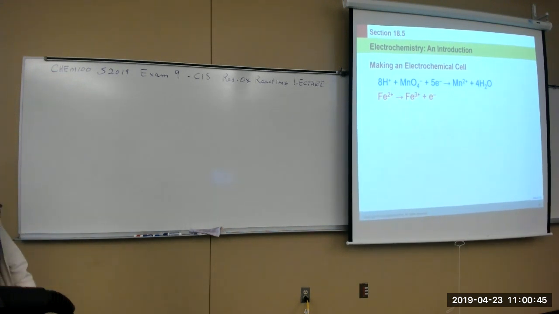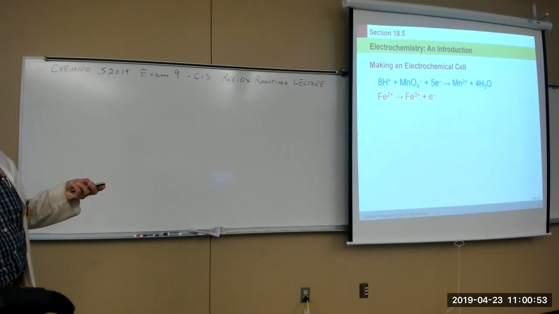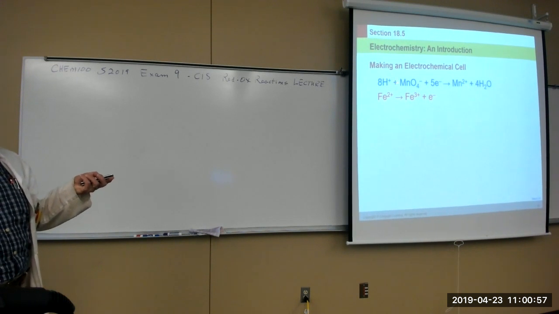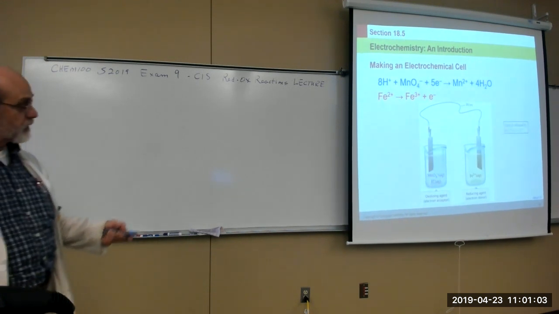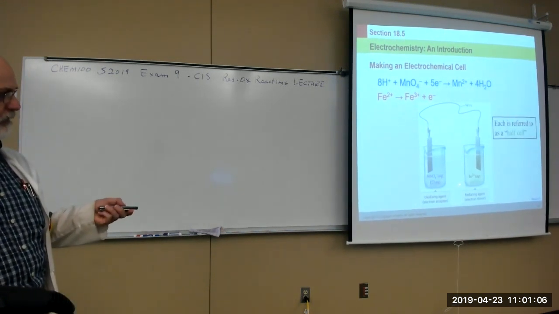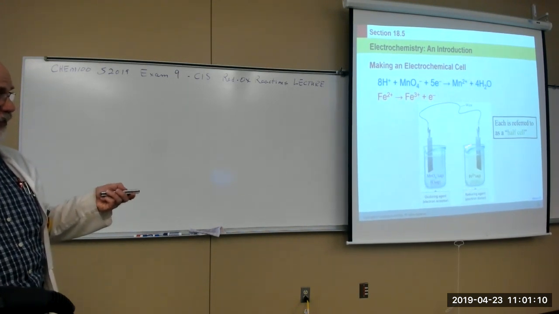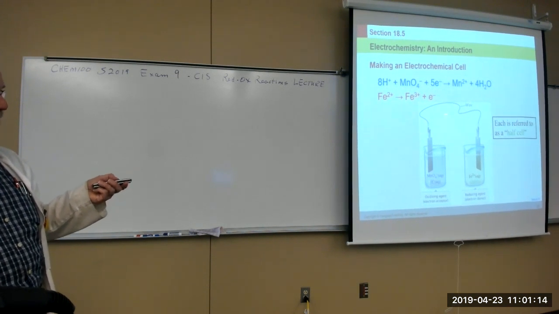So in this case, we have these two half reactions, right? This one is going to be from 2+ to 3+, so it's oxidized. That means this one has to be the reduction side. Oxidation, reduction. So we separate those into two separate physical containers, and we connect them by a wire.